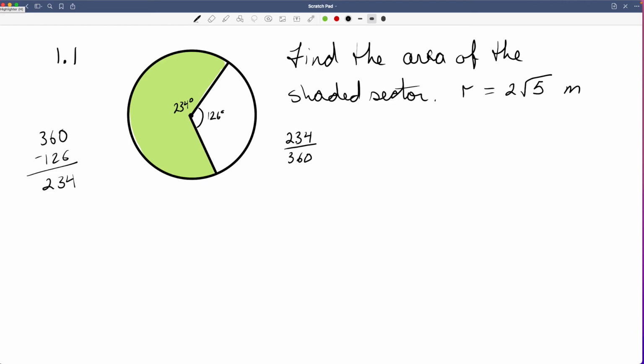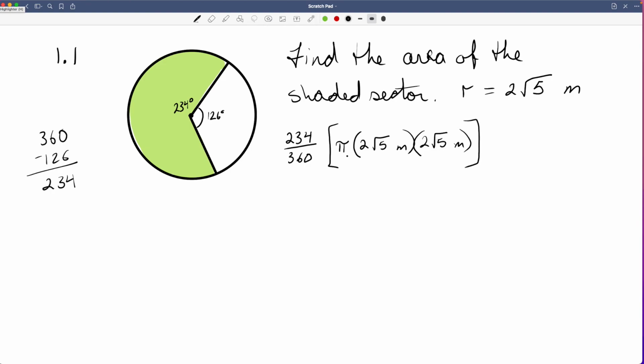Once we find that percent, we are going to multiply it times the total area of the circle, which is pi r squared. So pi times, I'm going to use a bracket here because I need more than one parenthesis, pi times r squared, which is 2 times the square root of 5 meters times 2 times the square root of 5 meters, all in a bracket.